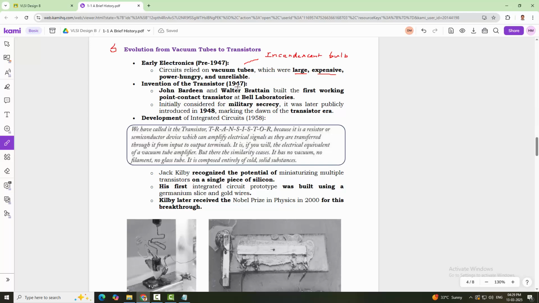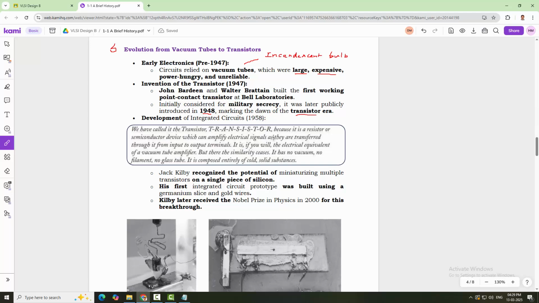Later, in 1947, the transistor was invented by the famous scientists John Bardeen and Walter Brattain, who built the first working point contact transistor at Bell Laboratories. Though initially this was considered a military secret, later it was made public. It was introduced in 1948, marking the dawn of the transistor era. Further, the integrated circuit followed in 1958.